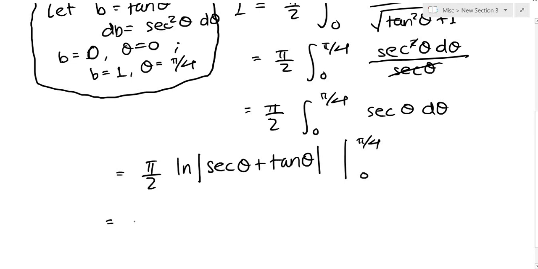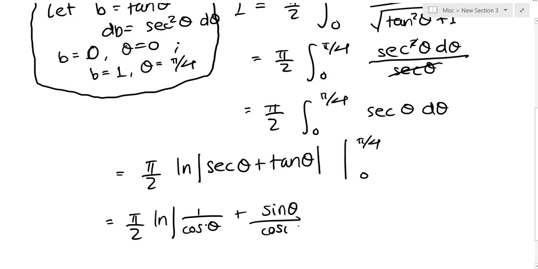So when I plug in, say, pi over 4, secant is nothing but 1 over cosine theta. This is nothing but sine theta over cosine theta. I'm just writing it because it will be better to evaluate stuff later on.